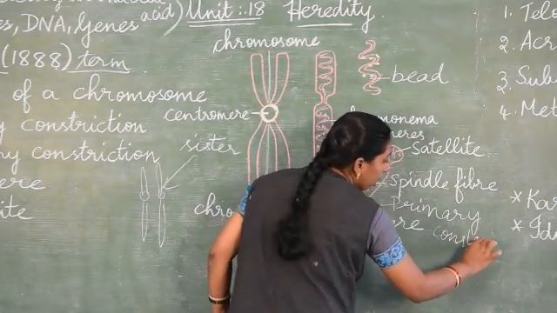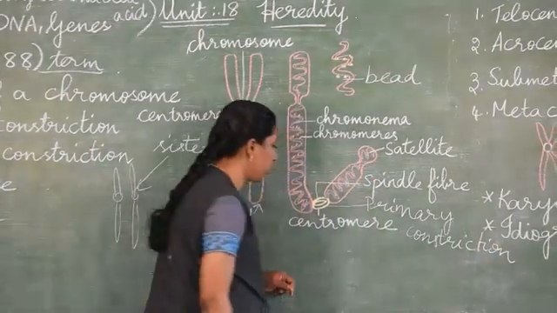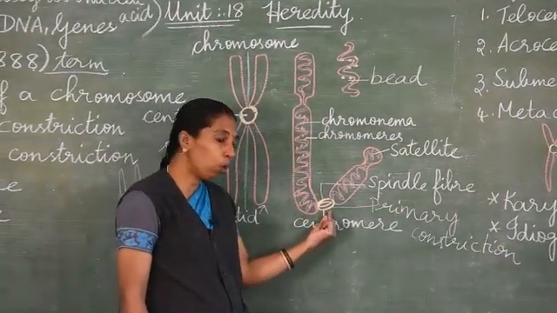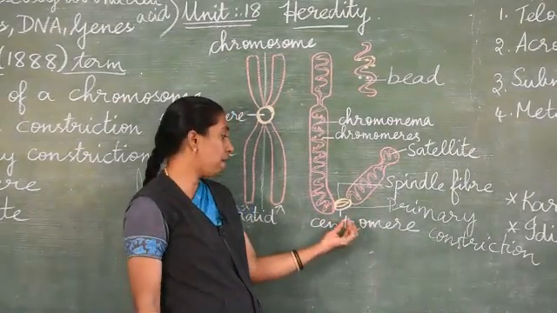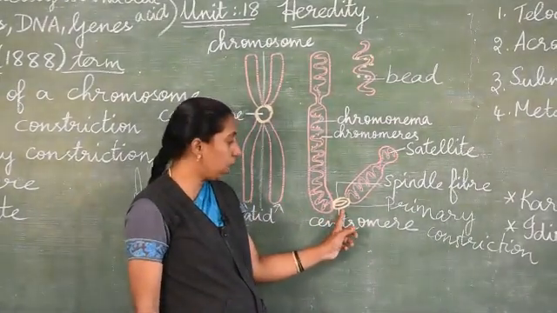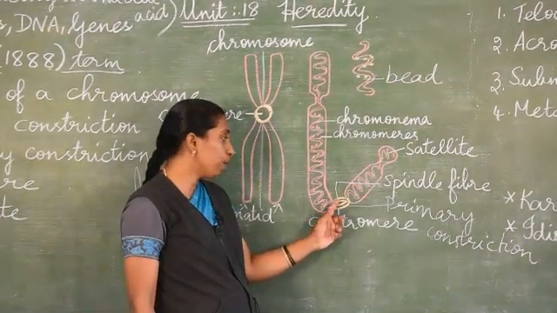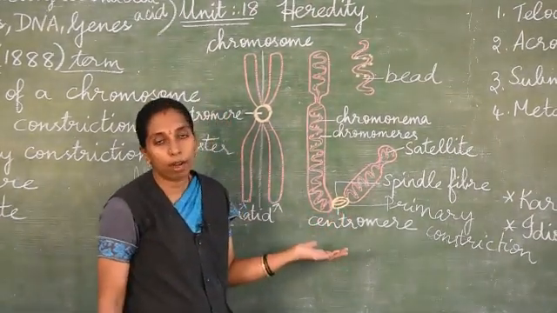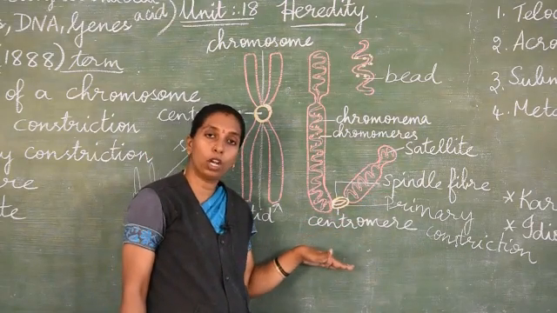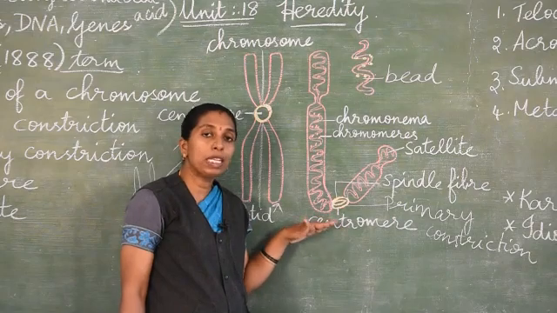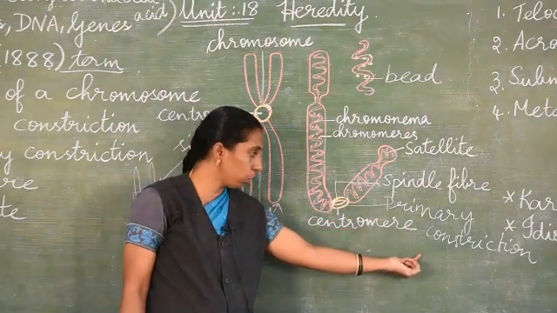In this primary constriction we have the centromere. To differentiate, I have drawn it in yellow. Here you have the centromere and the spindle fiber. I have already learnt about spindle fiber. They help during cell division. So this is called the primary constriction.